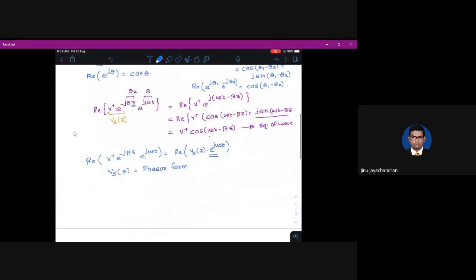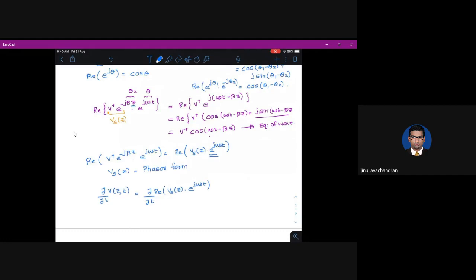Okay. So if I differentiate with respect to t, when I do dou by dou t of v of z comma t, I can write this as dou by dou t of real part of Vs of z into e raised to j omega t.